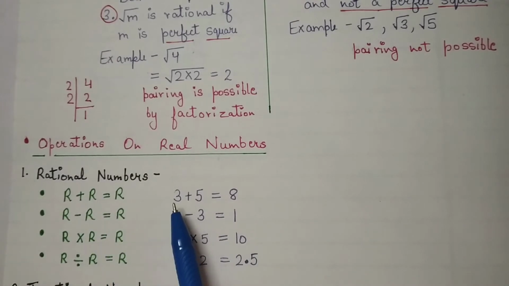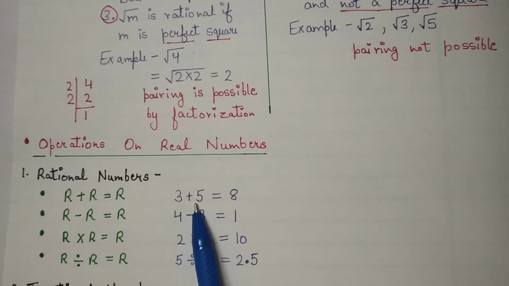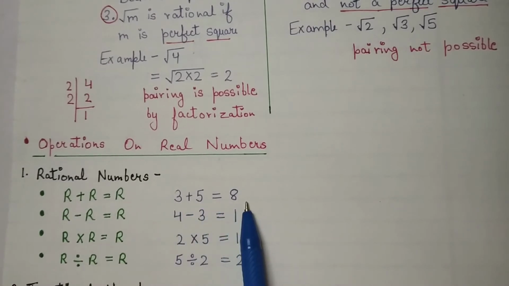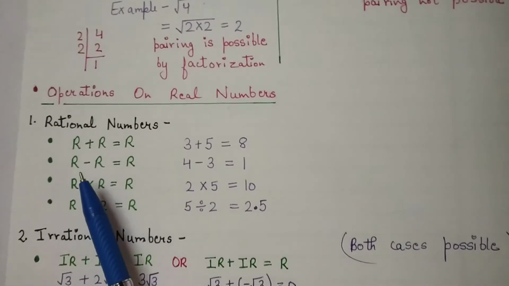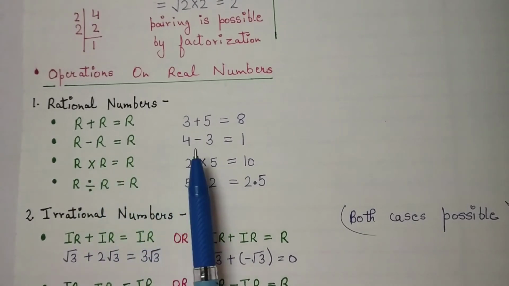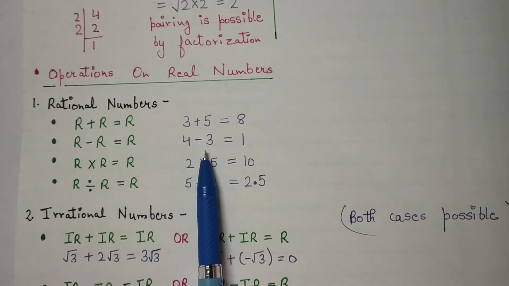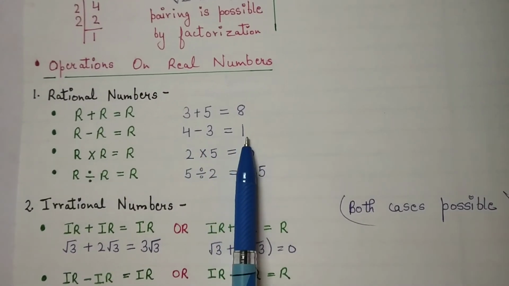For example, 3 plus 5. 3 is a rational number, 5 is a rational number, it gives 8, which is a rational number. Similarly, rational minus rational is equal to rational. You can take any example. I have shown one: 4 minus 3 is equal to 1.